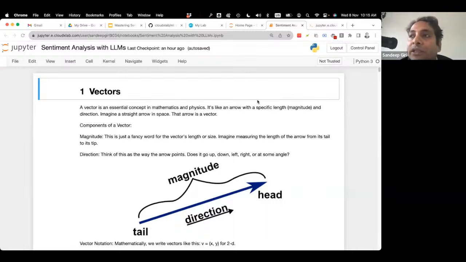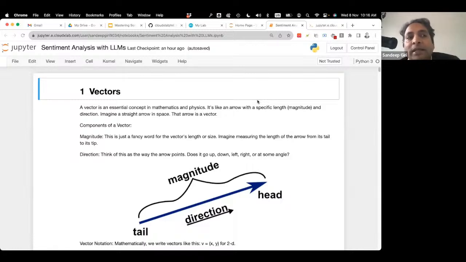But for a mathematician, the vector is nothing but an ordered list of numbers, a few numbers that represent something. The vector could be two numbers, three numbers, four numbers, five numbers. For example, how many numbers describe your position? Two numbers in a 2D world, three numbers in a 3D world.